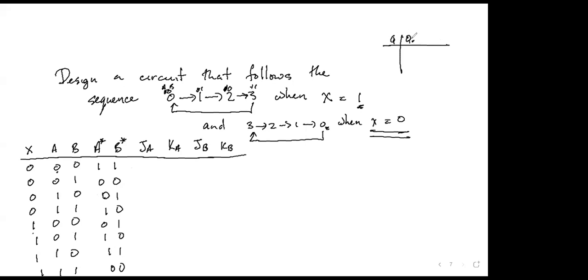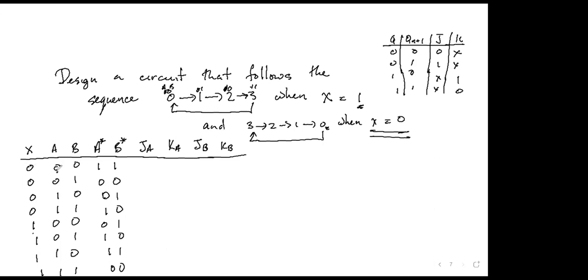0, 0, 0, 1, 1, 0, 1, 1. Zero, don't care. Zero, don't care. One, don't care. Don't care, 1. Don't care, 0. All right.